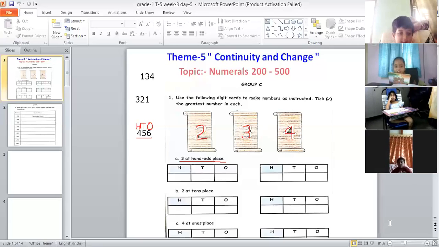Yes, ma'am. Okay, Vineet, now you tell me how you will read this number. 367. How will you read 367? You were looking here and there.